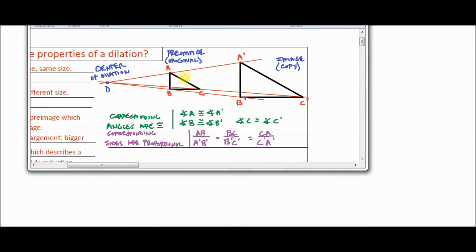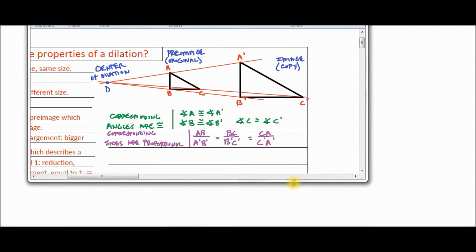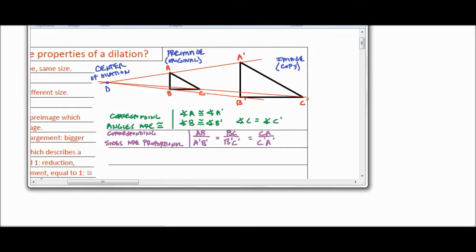This is a way to prove that two shapes are similar. Write the ratios of the corresponding sides. AB corresponds to A prime B prime. BC corresponds to B prime C prime. Those are all going to be equal ratios. They are going to be proportional. So that's another property of a dilation.